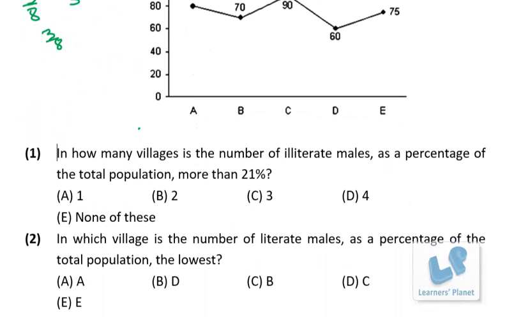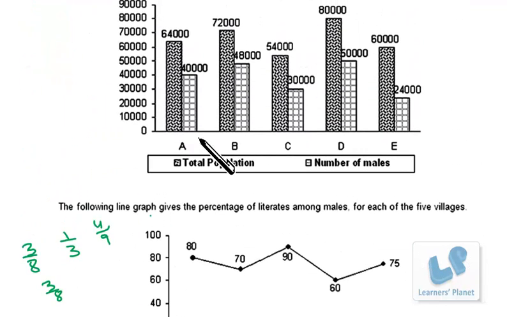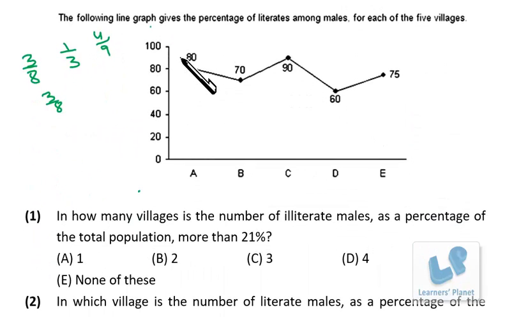In how many villages is the number of illiterate males as a percentage of total population more than 21%? Suppose we talk about village A, 40,000, 80%. That means 20% are illiterate. So 40,000, 20% is 8,000. 8,000 over 64,000, so that is 1 by 8. Definitely it is less than 21%, but I just write it.